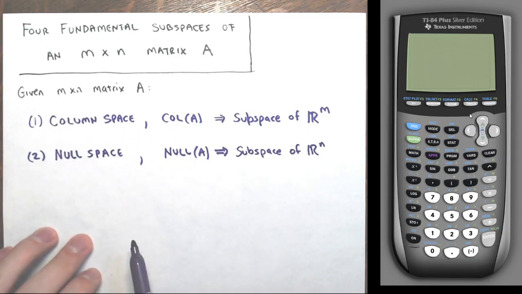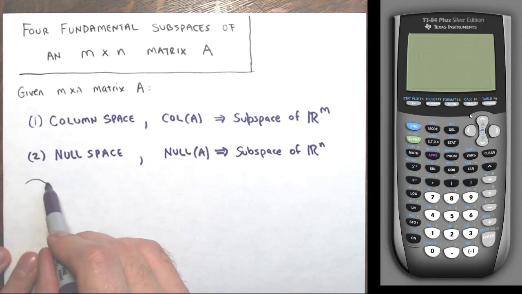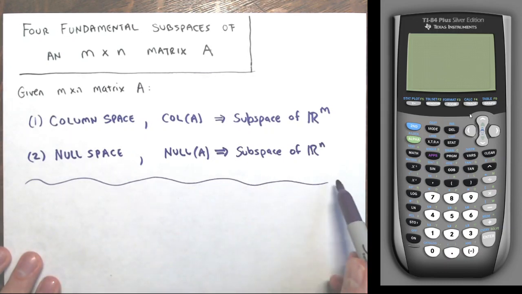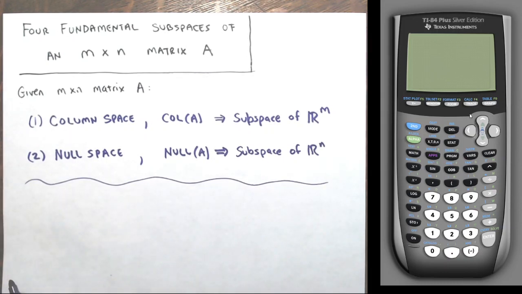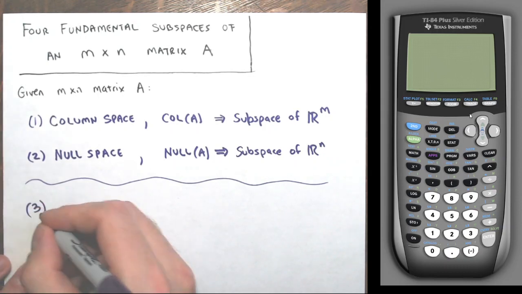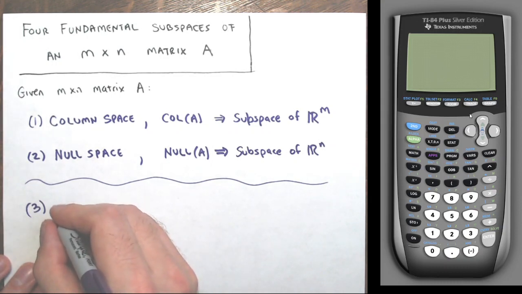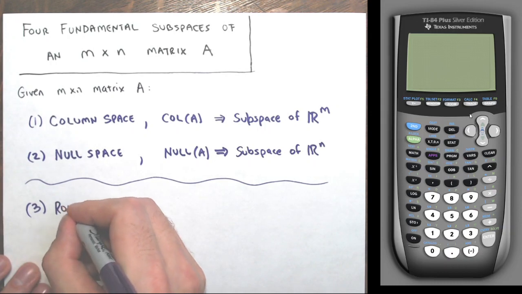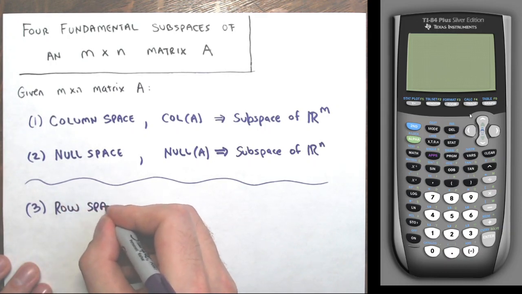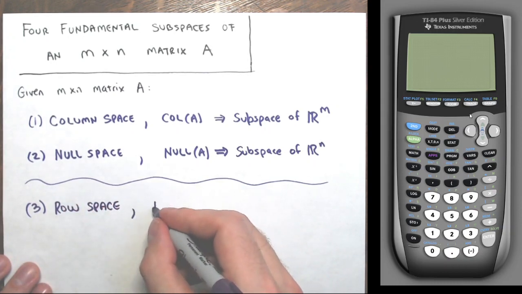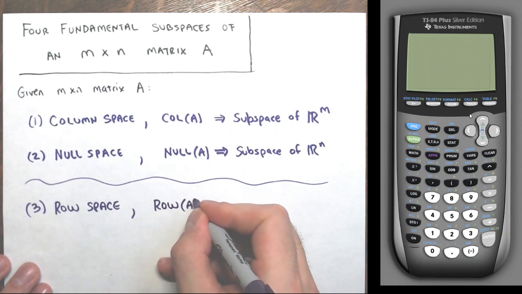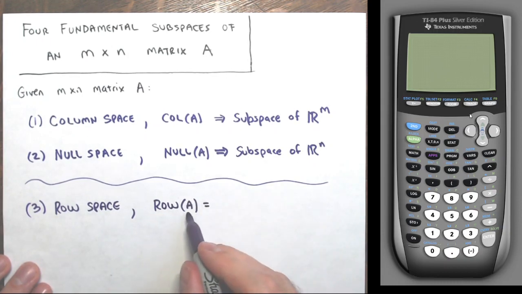All right, then the other two were really closely related to the transpose of the matrix. So the third fundamental subspace of a matrix that we came across in my videos was the row space of A, which was called row of A. But remember, the rows of A are just the columns of A transpose.